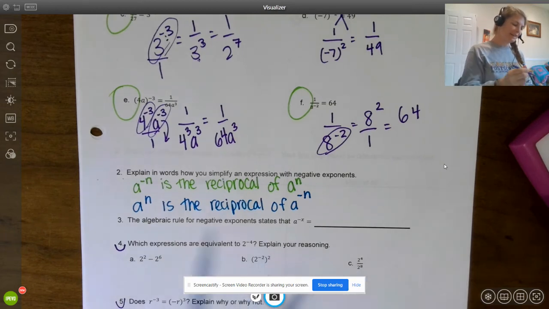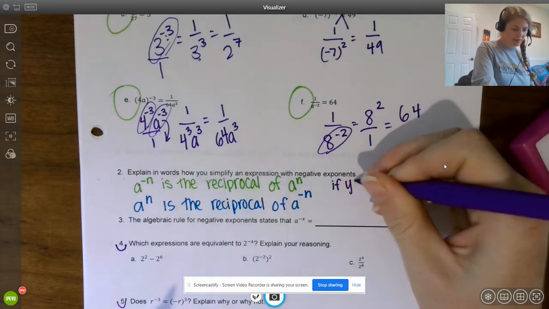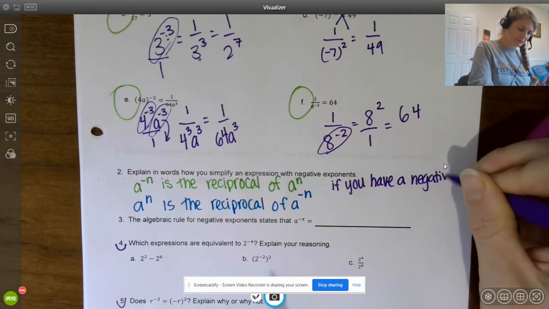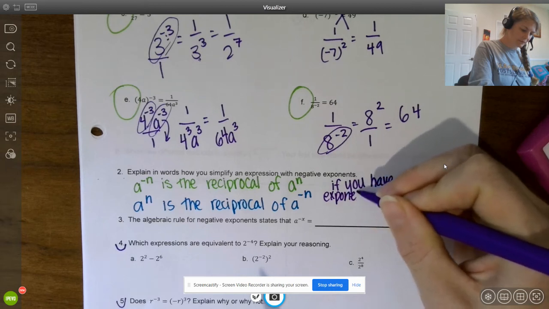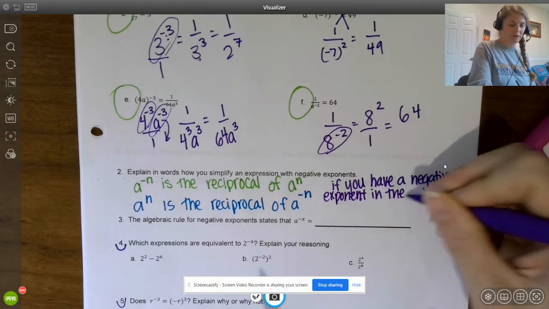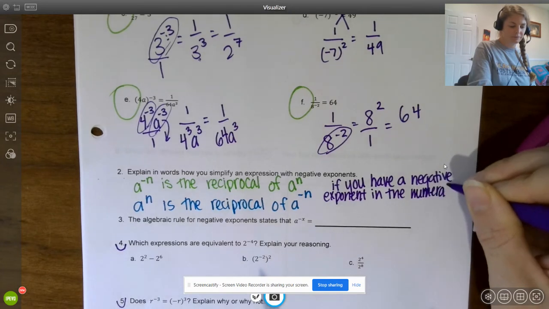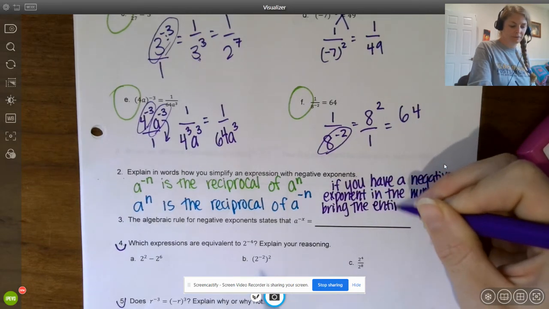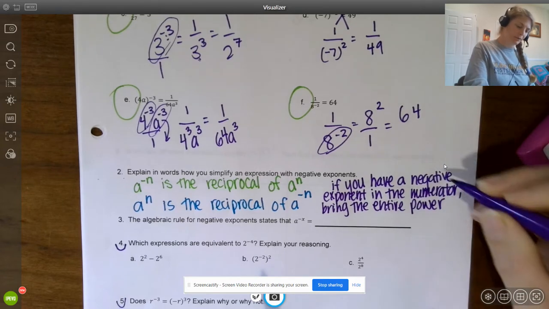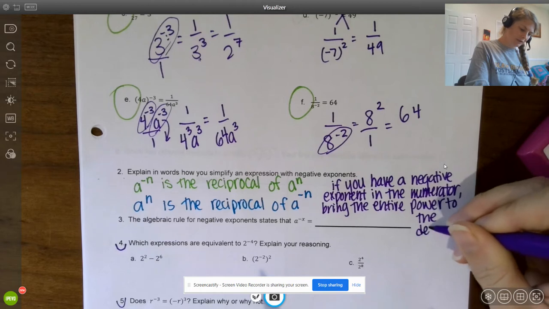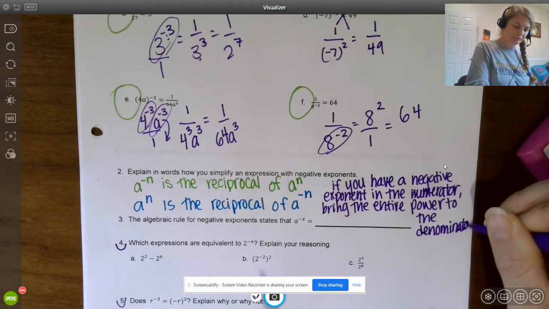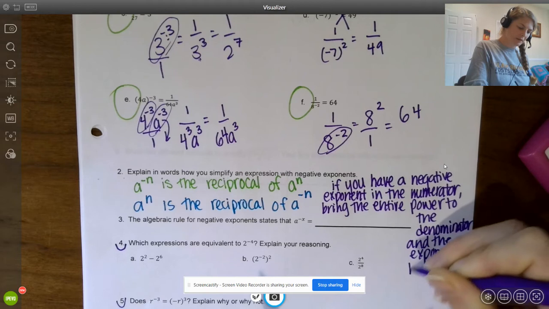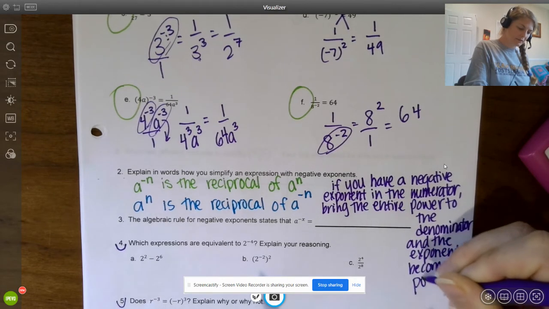That means if you have a negative exponent in the numerator, bring the entire power, that means the base and the exponent, to the denominator, and the exponent becomes positive.